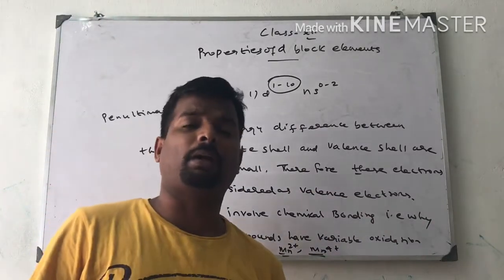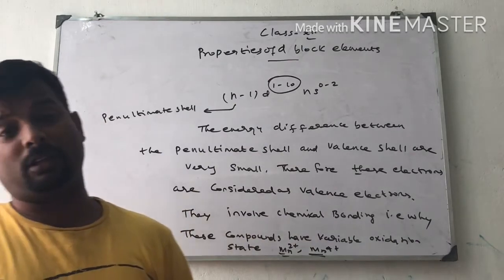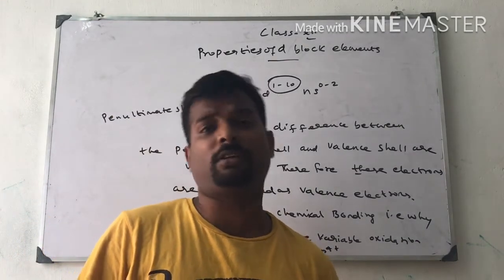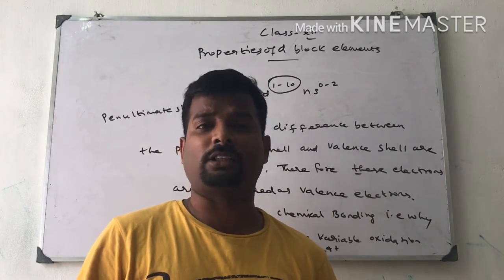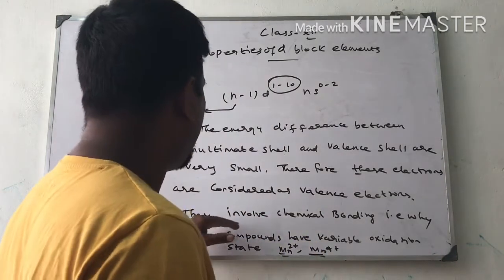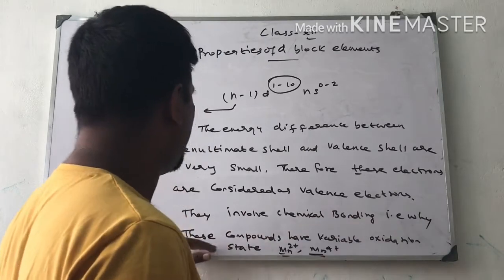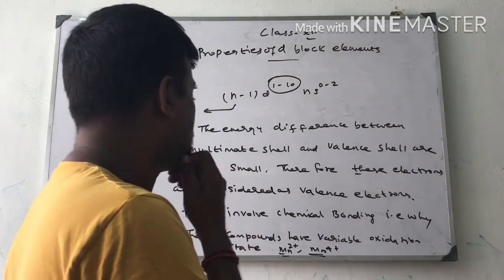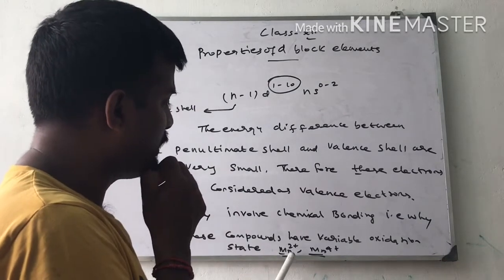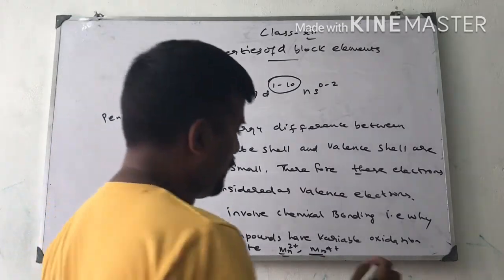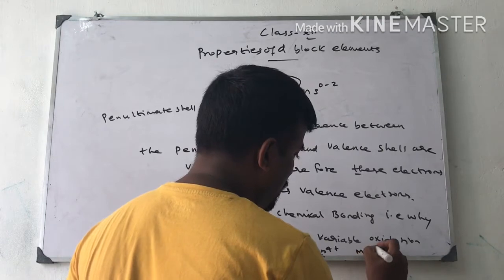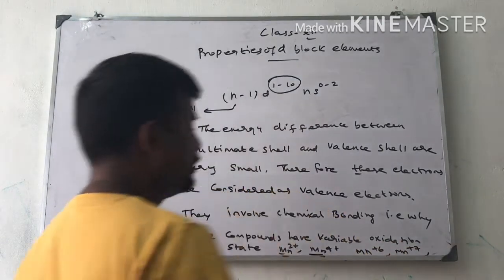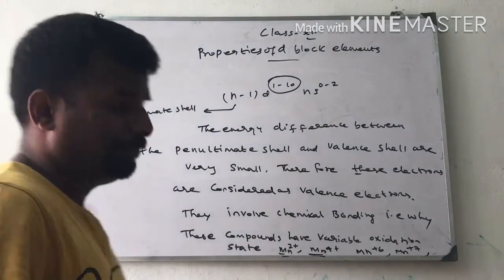S block and P block have a different electronic configuration, therefore different valence electrons. That is why these compounds have variable oxidation states. Example, manganese shows +2, +4, +5, +6 and +7 oxidation states.